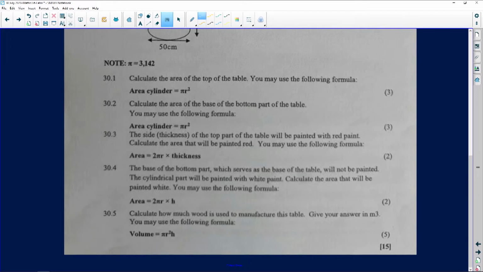Before we go to the first question, please take note of the pi. There are 3 ways in which they can represent it. Either you're just given the pi sign, or sometimes they can say to you, use pi equals 3,14, or sometimes use pi as 3,142. So it's very important to use what has been given to you.